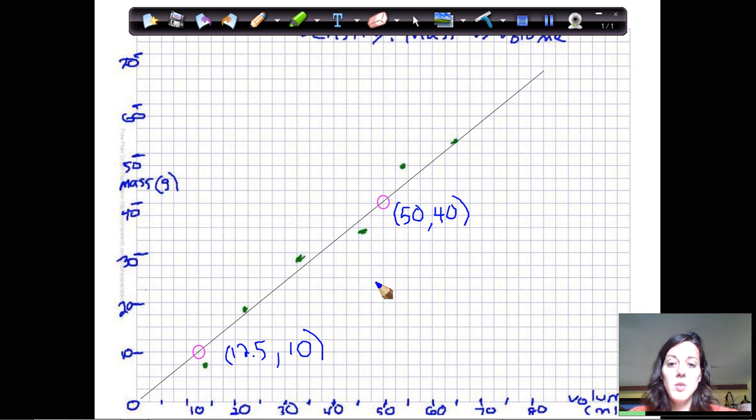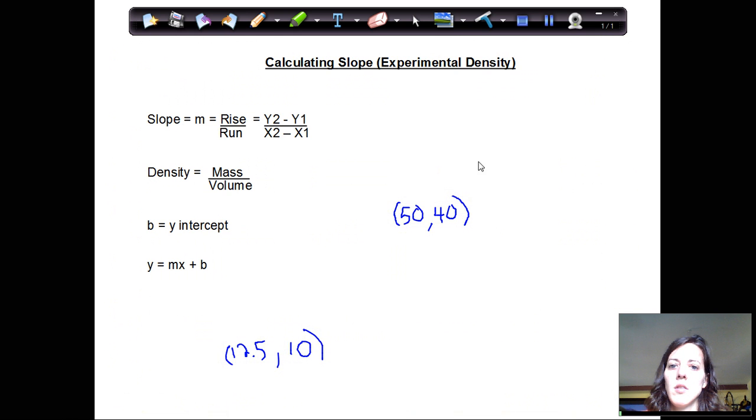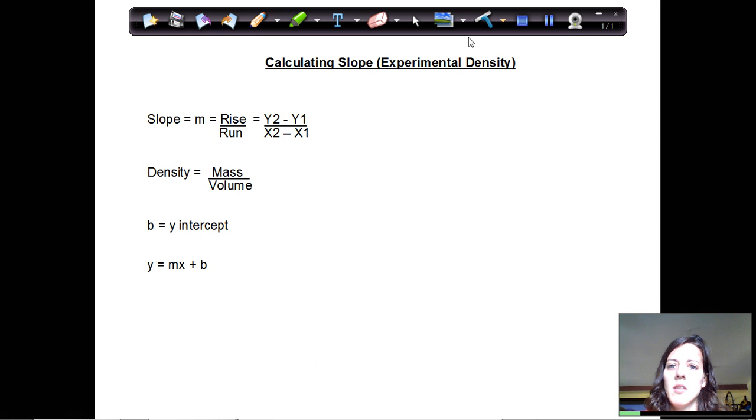Alright, so we need to calculate the slope. We have our 2 points that we're going to use, and if we go to our next sheet of paper, let's clear that out, we can calculate our slope. Now slope, as I've already said, is rise divided by run, and slope is also given the variable letter m.